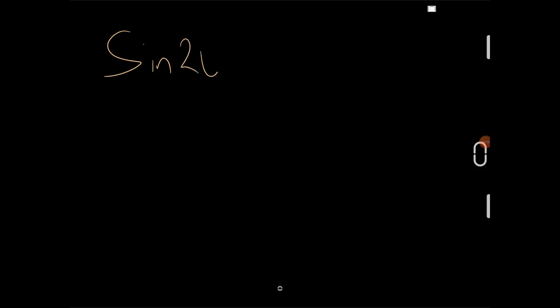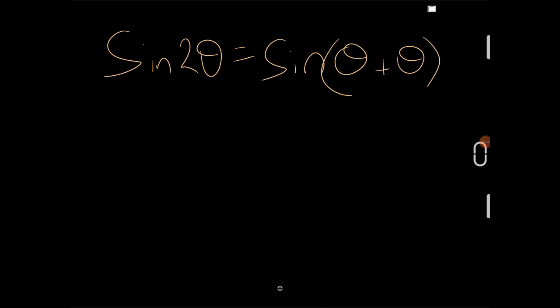Sin 2 theta is actually equal to, by a simple look, sin theta plus theta. Theta plus theta is 2 theta. Now this is in the format of sin a plus b. Now what is sin of a plus b? Sin a cos b plus cos b sin a.